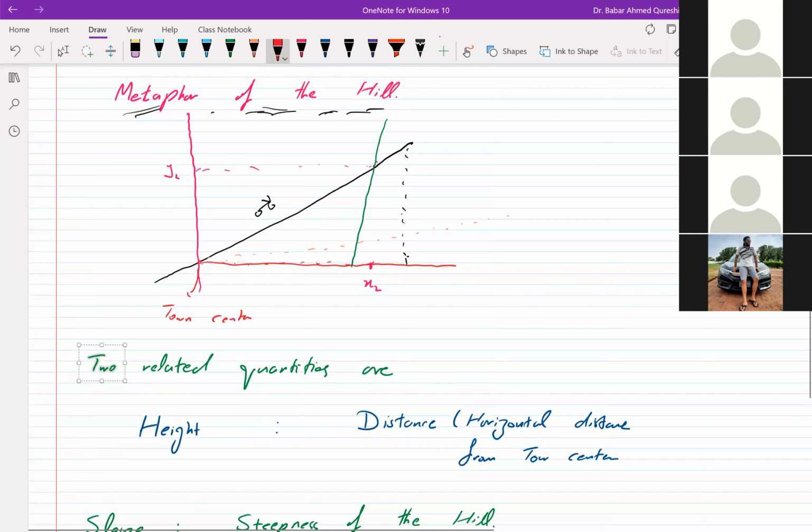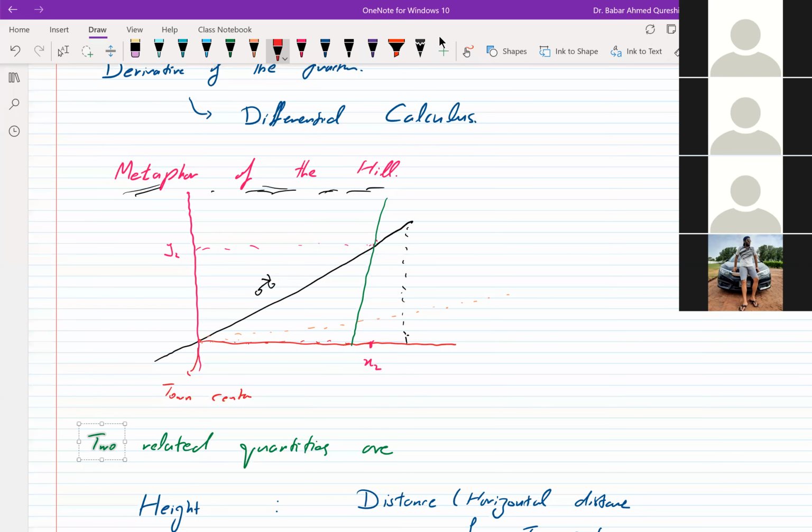Now you can think of it as a graph. This is the x-axis because I called the horizontal distance x. And this is the y-axis because I called the height above the sea level as y. You can think of it as a graphical representation of a function. It's a very special kind of function, very simple function because it's just a line, but still it's a function.